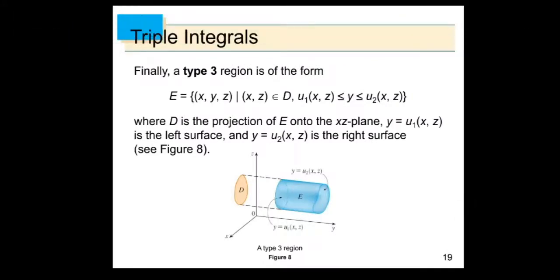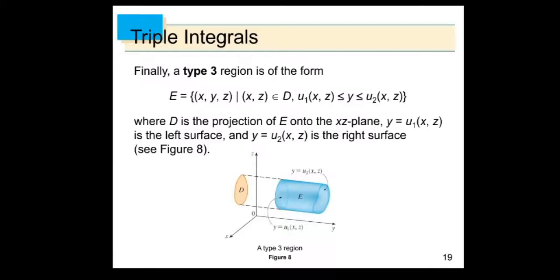So finally we have a type 3 region in this form. Now how do we determine this type 3 region? We have to know that we will have our y value over here. That would be y greater than or equal to u1 and less than or equal to u2, where u1 and u2 are functions of x and z, and D is a projection of E on the xz plane.